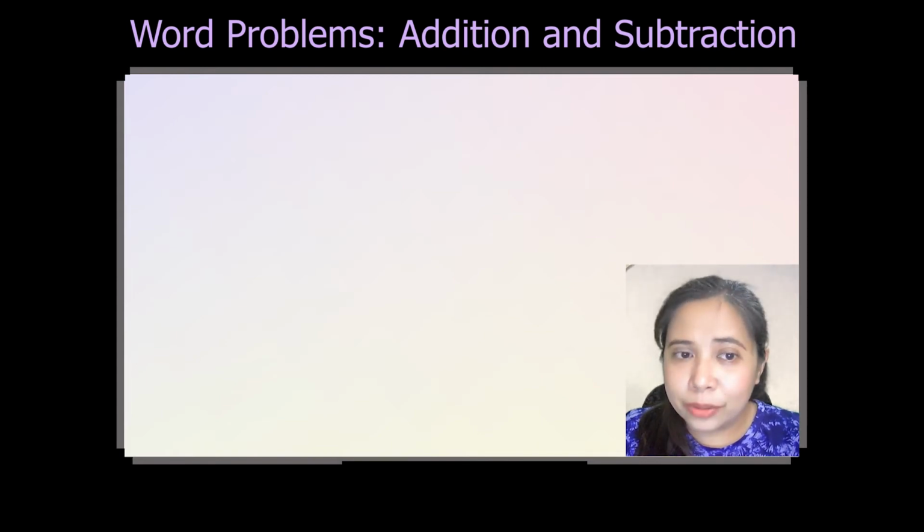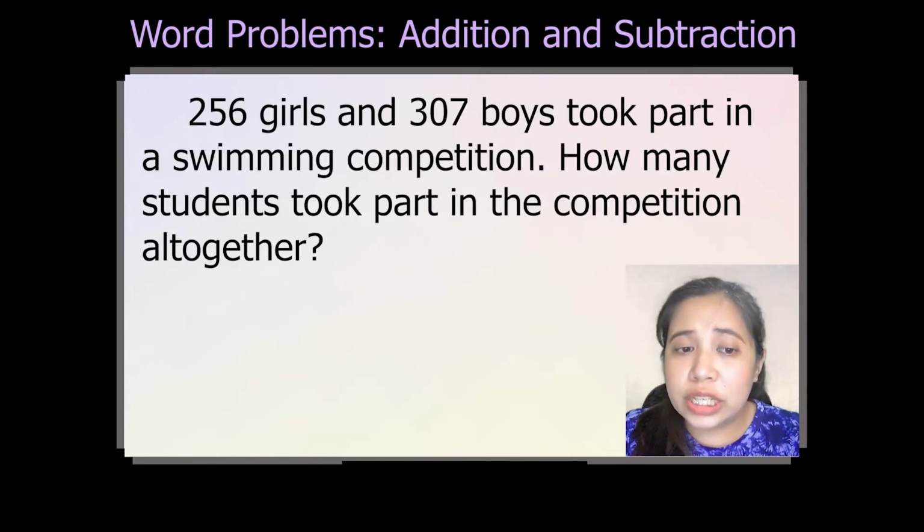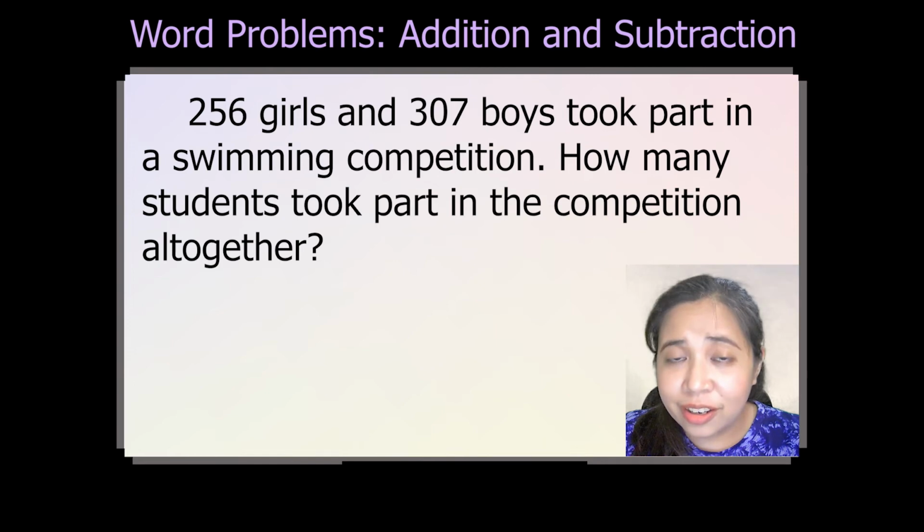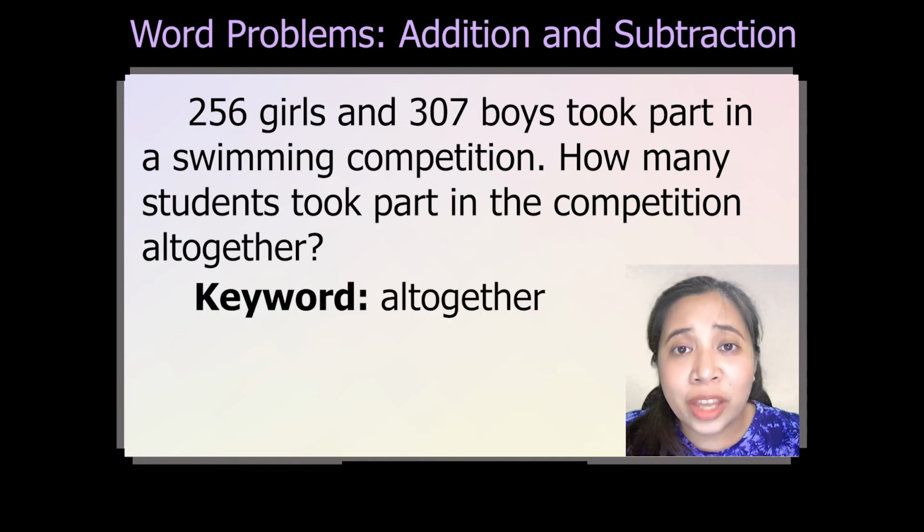Another example, 256 girls and 307 boys took part in a swimming competition. How many students took part in the competition altogether? Ang keyword naman natin sa word problem na ito ay yung word na altogether.